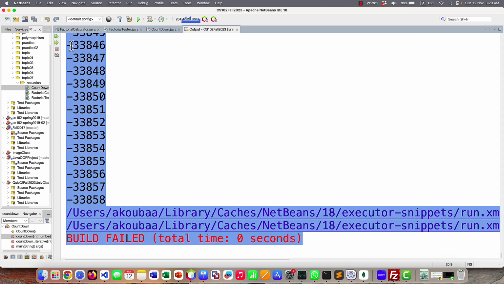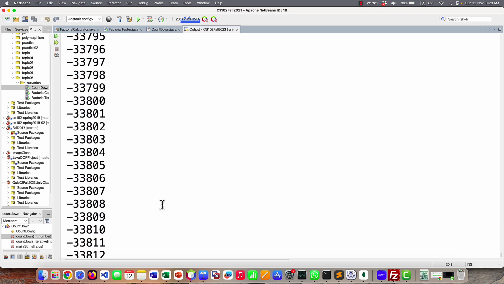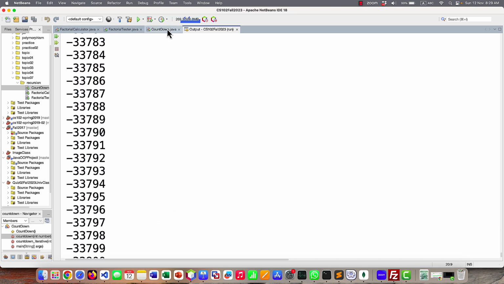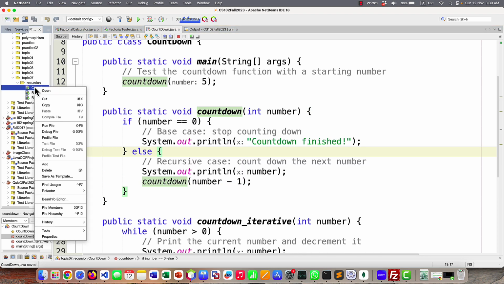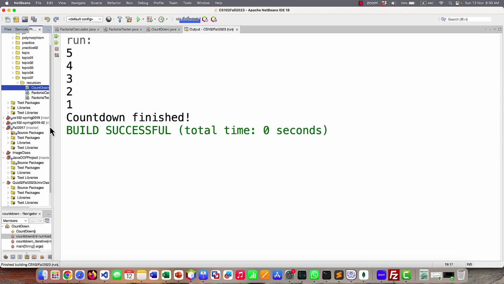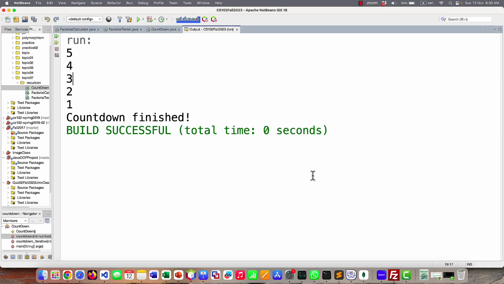Okay? It failed because we didn't put the base case. Now, if I put the base case, it will run safely. So recursion is very critical. Now this is a very simple example, but in some cases you need to make sure that you will reach the base case. Otherwise your program will be crashing.